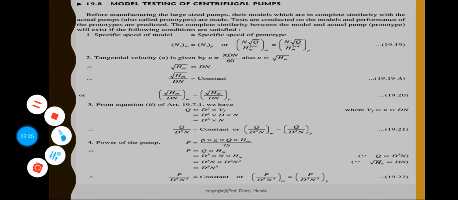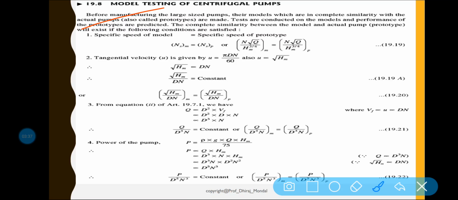So the definition is written here. In model testing, the specific speed of the model is equal to the specific speed of the prototype: N root Q by Hm to the power 3 by 4 for model is equal to N root Q by Hm to the power 3 by 4 for prototype.